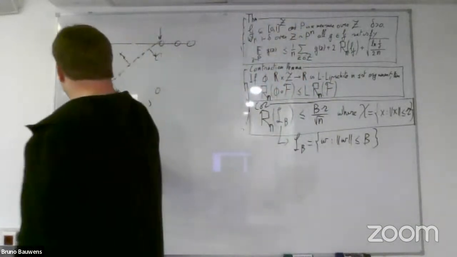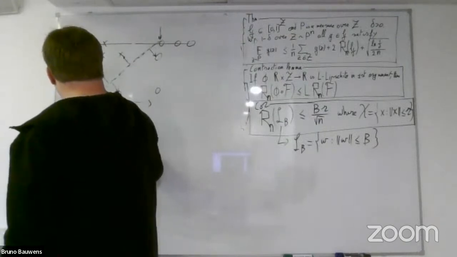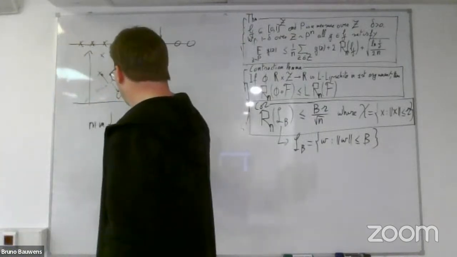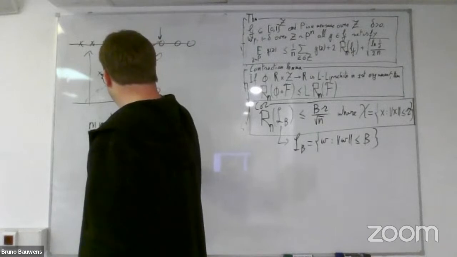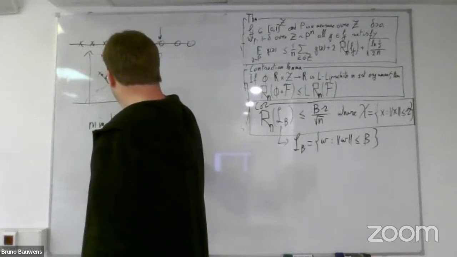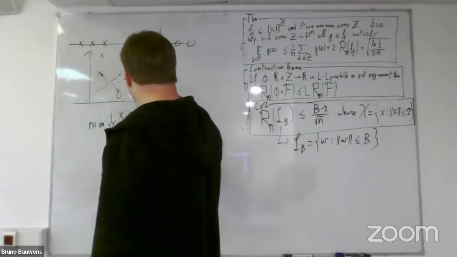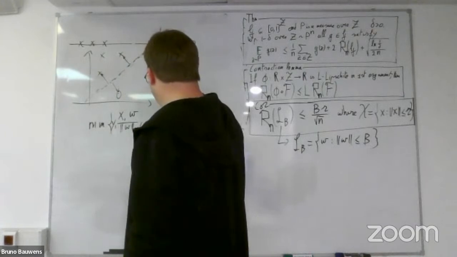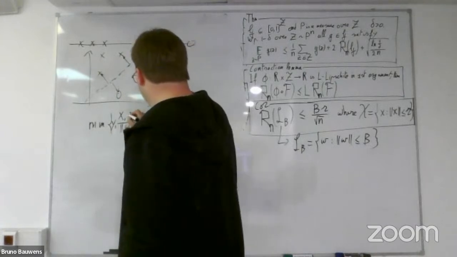It is just the minimum of y_i x_i times w divided by the norm of w, over the data.